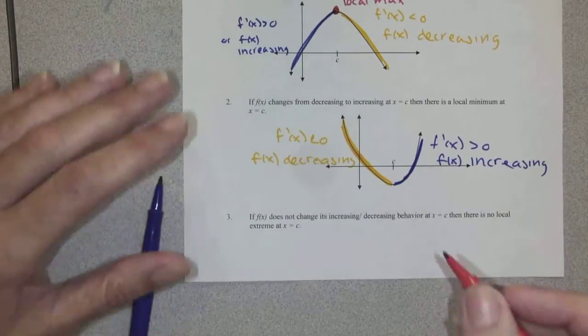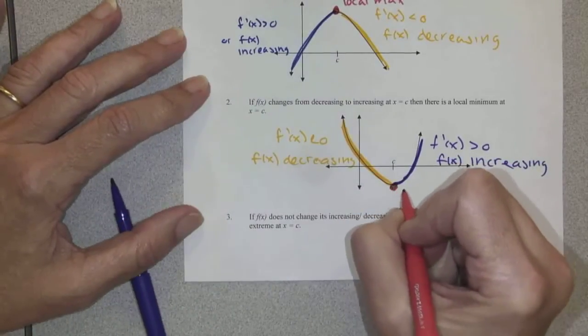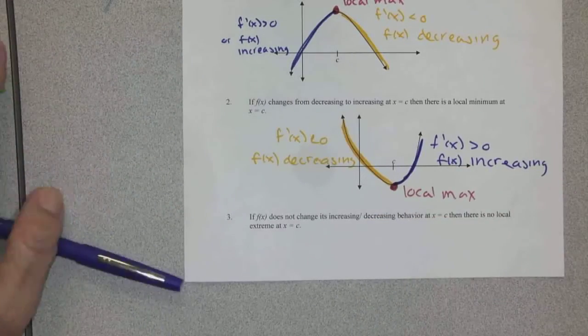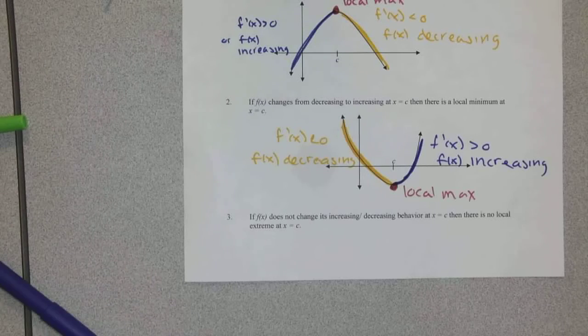Well, if I pass through a critical number, I had to find a local minimum. That I can close my eyes and see. I can see, oh, my function is falling, then my function is rising. I had to hit a low point.